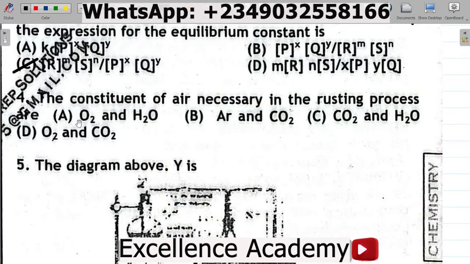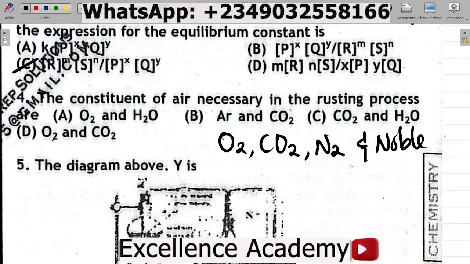Now for this question, you need to know that first things first, the constituents of air include oxygen, carbon dioxide, nitrogen, that's N2, and noble gases.